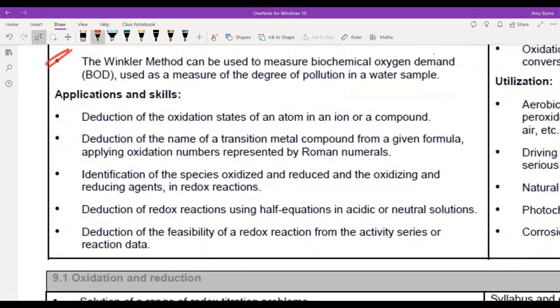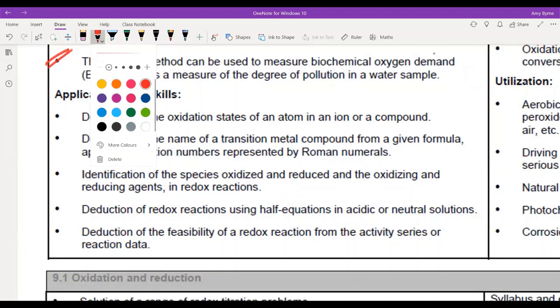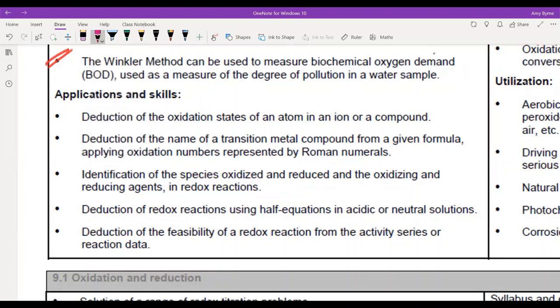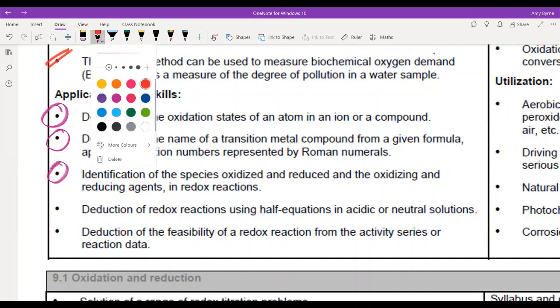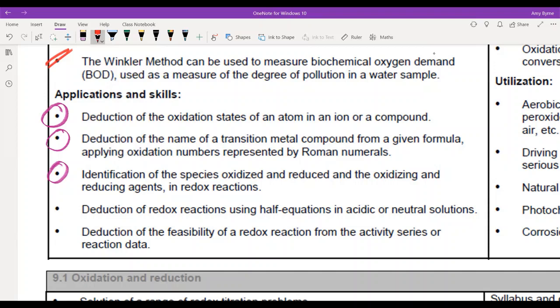In terms of the applications and skills, we are going to be deducing oxidation states and naming transition metals, identifying and naming oxidized and reduced species and oxidizing and reducing agents. We're not going to balance half equations and we're not going to look at activity series.